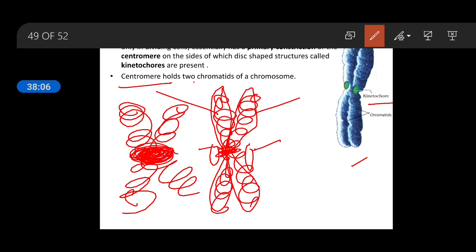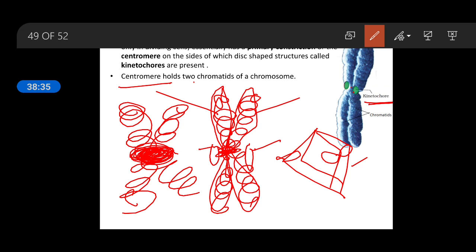This is a proteinaceous disc, and it helps in joining with the spindle fiber during cell division. When the spindle is formed, the chromosomes are attached here. So what is the glue for this attachment? The glue is the kinetochore, the proteinaceous disc.